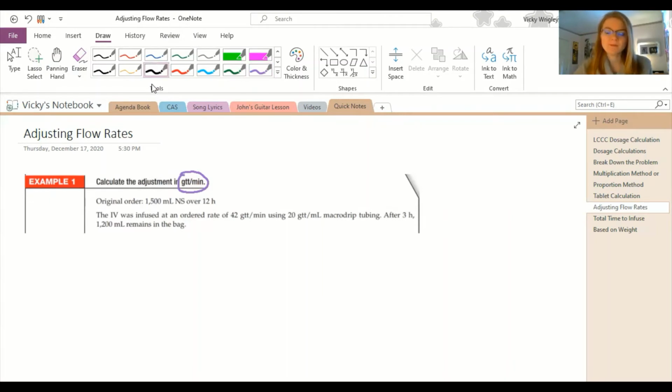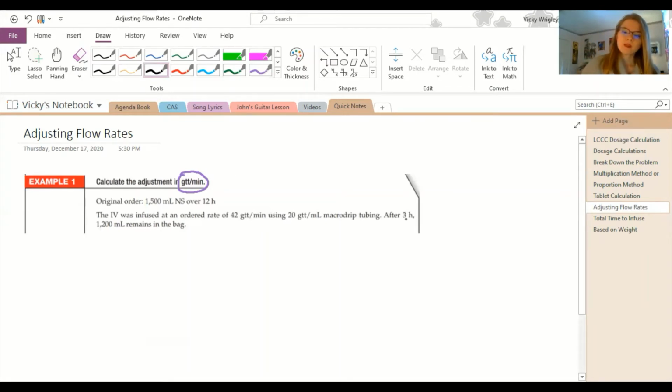That's our second question. So what are we starting with? What's our desired dose? You might think that it would be the original order here, 1,500 milliliters over 12 hours. However, the IV has already been infusing for 3 hours, and 1,200 milliliters remains in the bag. This means that for the remaining time, we still need to infuse 1,200 milliliters.